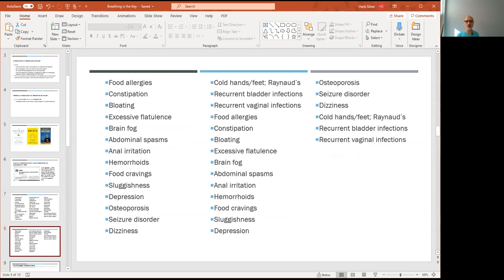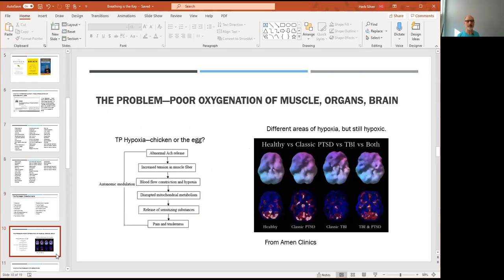I just want you to see that these are the things that have been identified as being problematic with poor oxygenation of your blood, which isn't increasing your oxygen, but as I'll explain in a moment, is actually retaining CO2 in your blood to allow oxygenation of the peripheral tissues, your muscles, your digestive organs, or all your organs, actually, your heart, and getting blood into your brain.